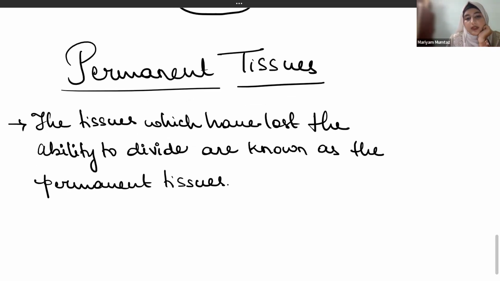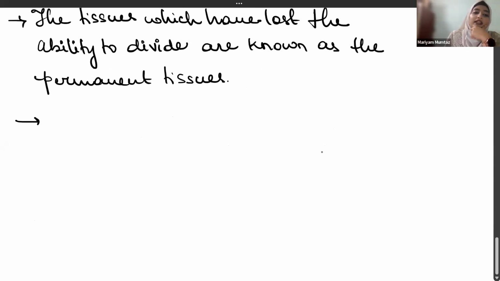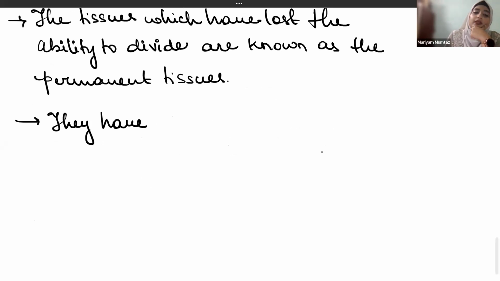Okay. So these are known as the permanent tissues, and they have a specific role to perform. You can also write down that they have a specific role to perform.